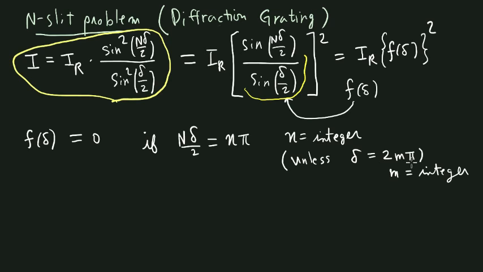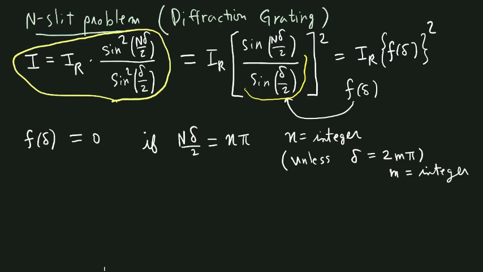So if delta is 2m pi, notice that N delta is also an integer multiple of pi, because large N times small m is another integer. So the numerator also becomes 0.